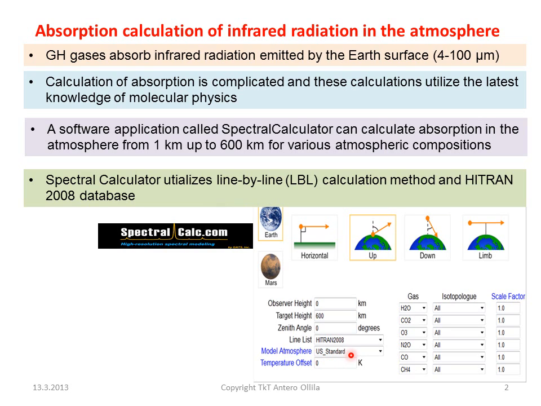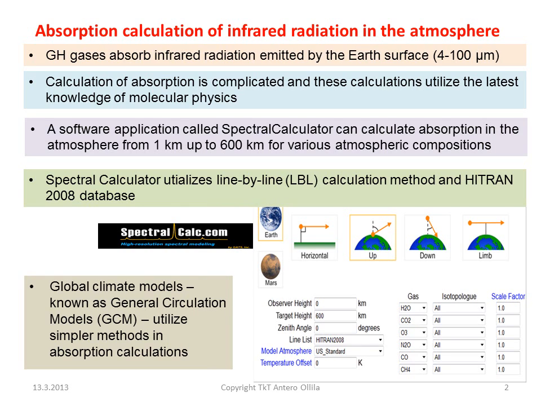There are 6 atmospheres available: polar zone, summer, winter, mid-latitude, summer, winter, and tropical zone, and USA standard atmosphere. And here we have greenhouse gases, and using scale factor you can change the concentration, and also the temperature can be changed.